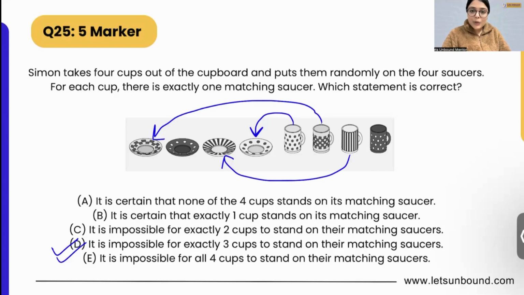But what about the fourth one? Obviously, it will automatically go to the matching one, and we can never get exactly 3 cups, because the moment you match 3 cups, the fourth one will automatically be matched to the fourth saucer. So this statement is correct because it says it is impossible. It's never possible to match 3 cups and leave the fourth one.